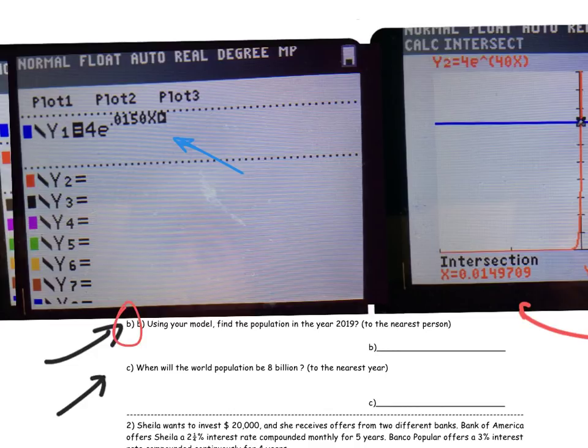Using your model, so this equation is our model, find the population in the year 2019. Since we decided to let 1975 be the starting point to give us this value of 4, all we're going to do to calculate the year is subtract those two values. So here it's going to be, in our problem, the year 44. Now just go to your table and look at the value that you get in the year 44.